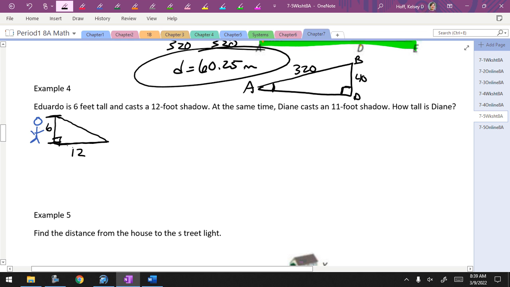Okay. Now we're going to have Diane. That's your grandma? Haley's grandma. Okay. How tall is Diane? We don't know. What do we want to call it? X. Okay.